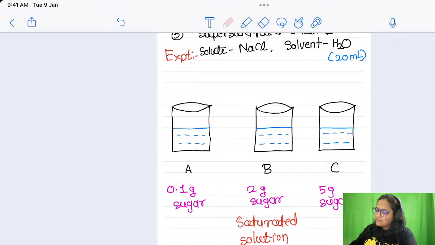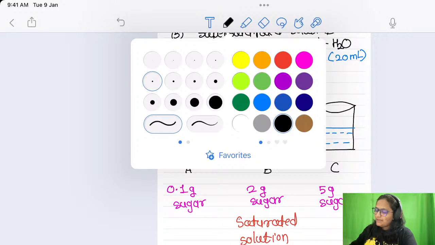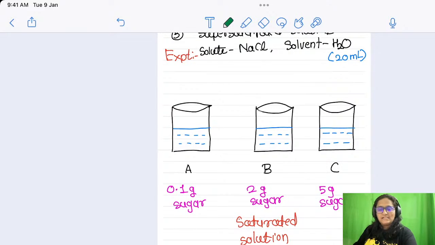What about the first beaker A? In case of beaker A, you can see capacity is 2 gram, amount of water is the same 20 ml, capacity is 2 gram, but there are only 0.1 gram of sugar, right? That means we can add more and more sugar molecules further to it, and they will get dissolved until we reach the amount of 2 gram, right?